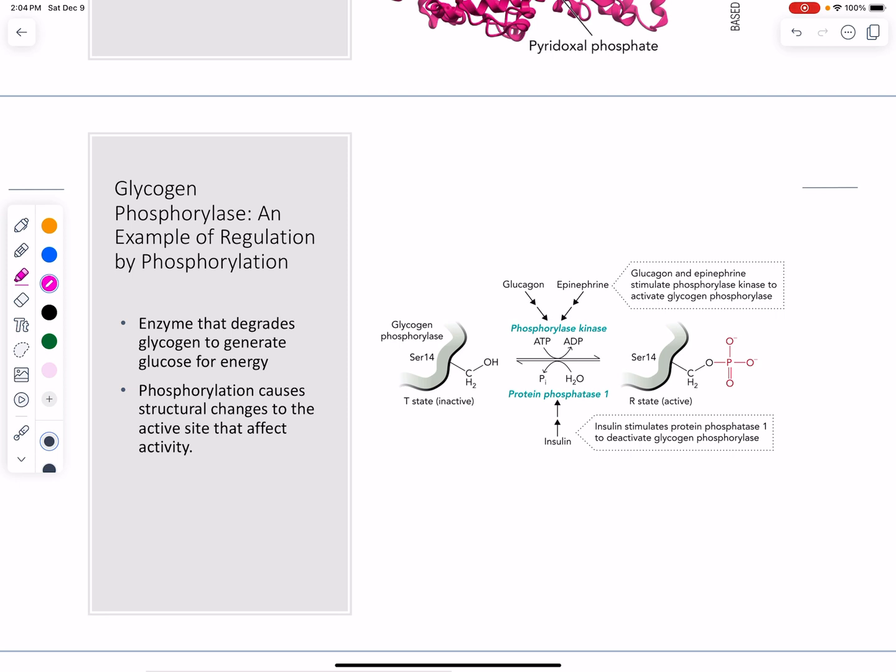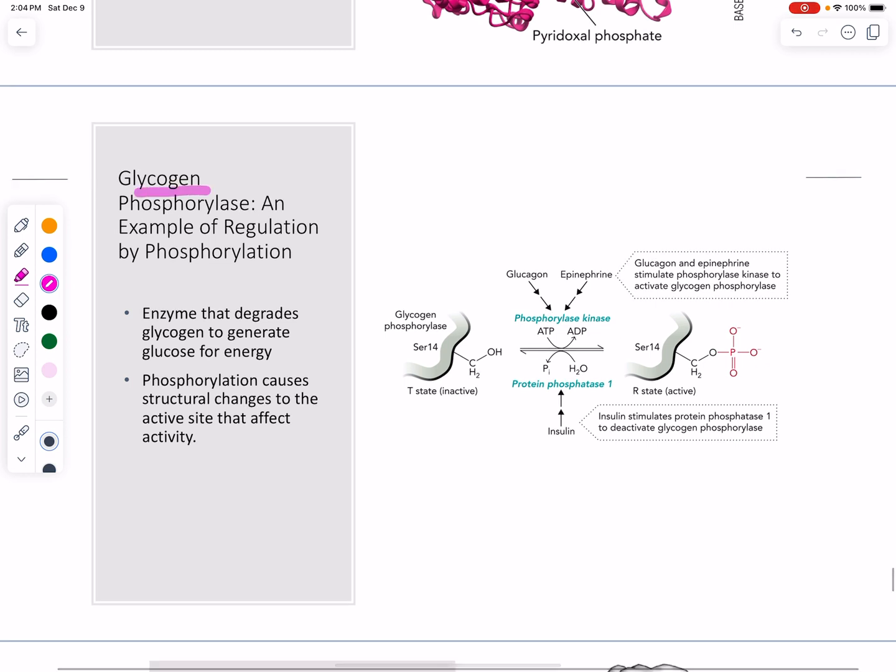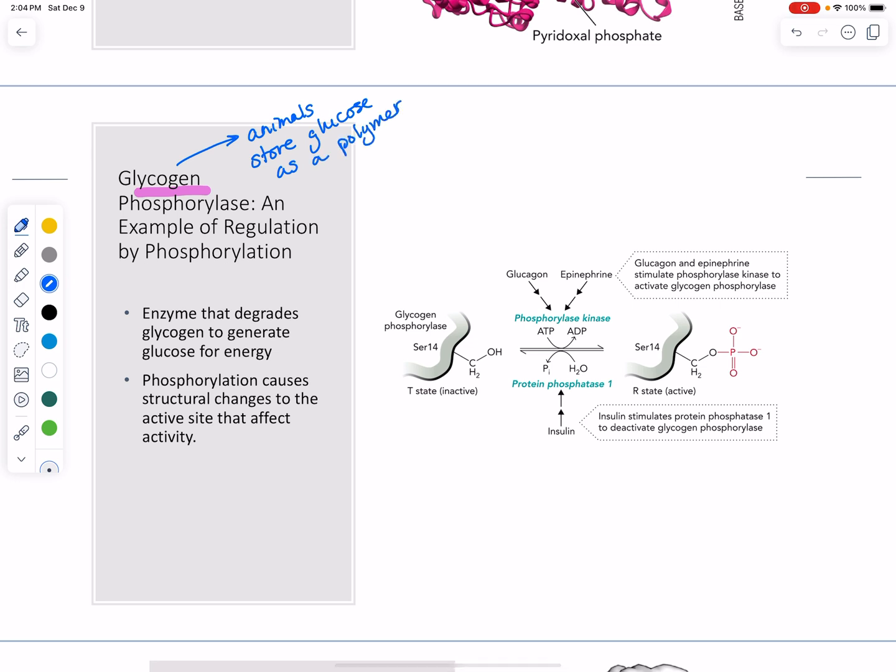Animals store glucose as glycogen, a polymer of lots of individual glucose units, and glycogen is not just a chain of glucoses, it's highly branched.